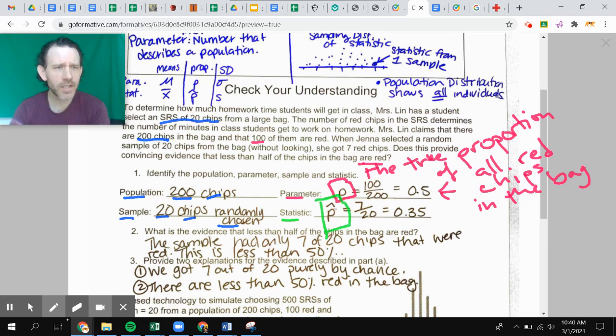Notice the difference. So P hat in this case was the outcome of our sample, where we got 7 red chips out of the 20. So 7 over 20 is 0.35. That's our sample proportion. Because we use the right symbol and the correct numbers, we're good to go in identifying this.